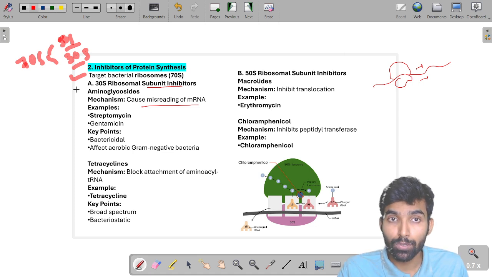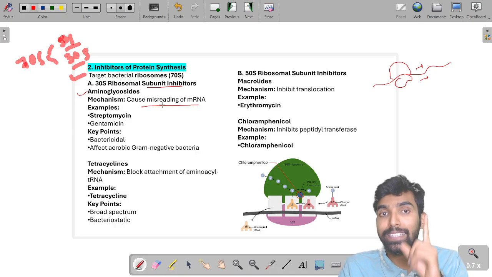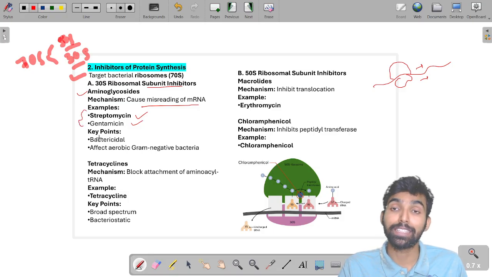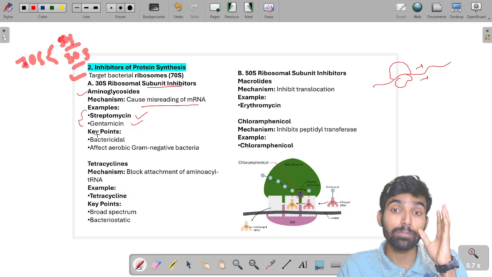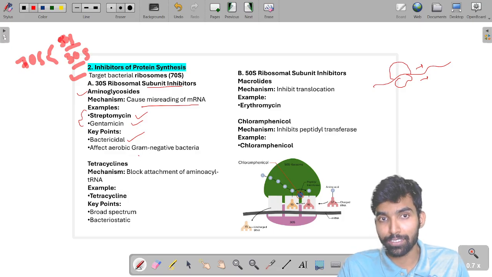So aminoglycosides cause misreading of mRNA. Examples are streptomycin and gentamicin. That's also bactericidal and affects aerobic gram-negative bacteria as well.